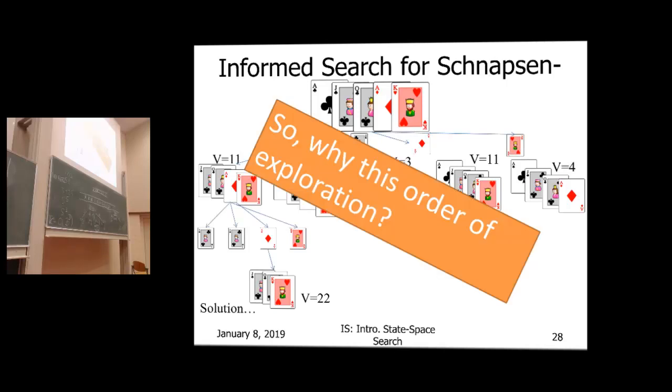The question is now, of course, that in a way there was a very arbitrary choice made of exploring the cards in the order that they were printed on the board. But why didn't I explore the A's first?